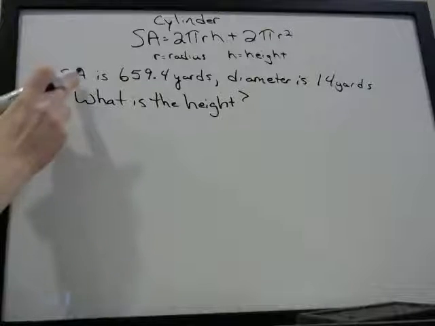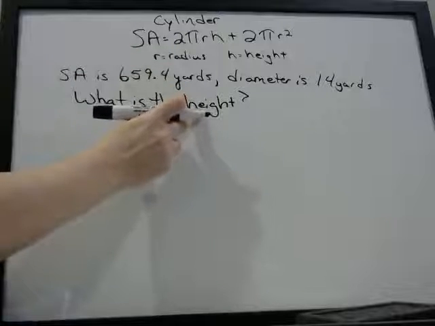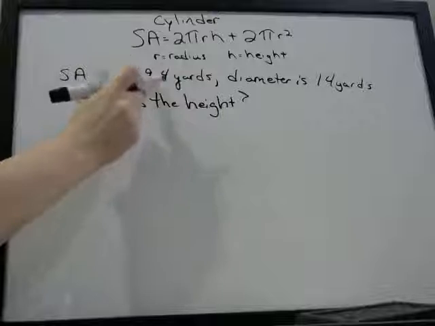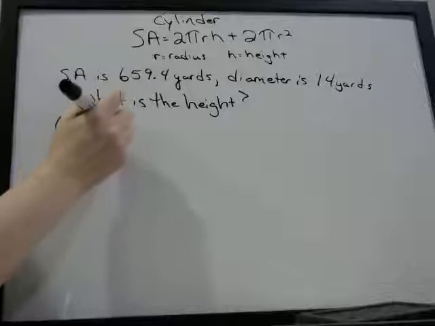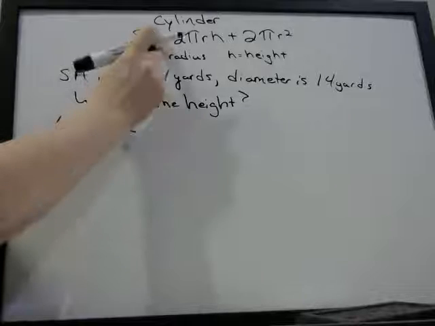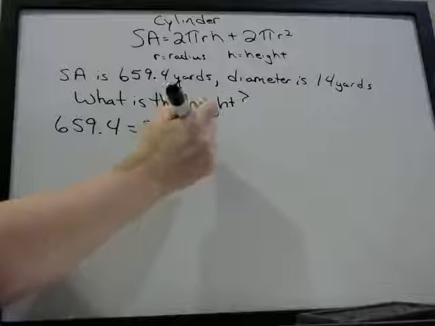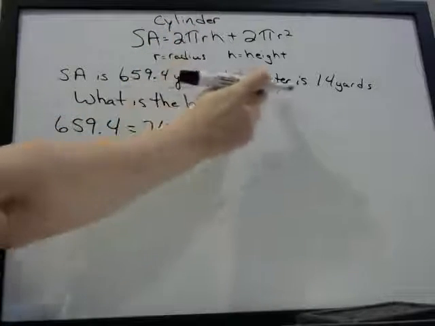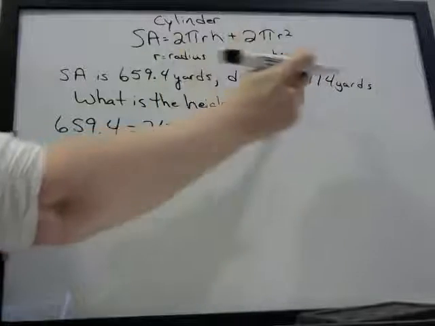So again, we're just going to look at the formula, plug in what we know, and then solve for the height. So SA, surface area, is 659.4. So that's what we're going to plug in. 659.4 equals 2 times 3.14 times the radius. So again, they've given us the diameter. We need the radius, not the diameter.